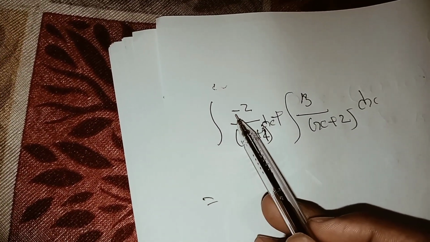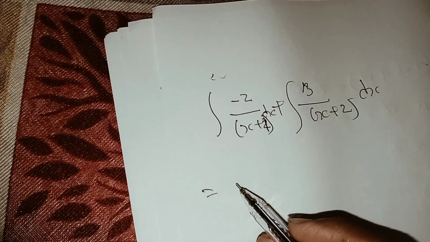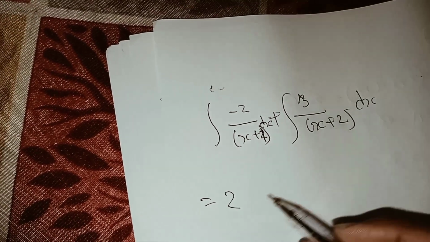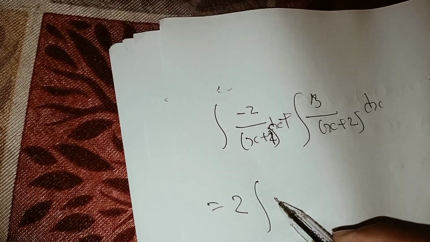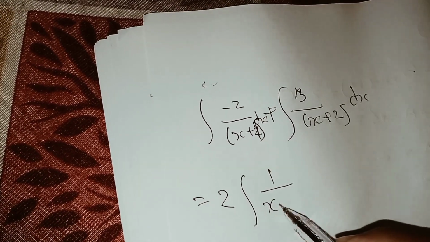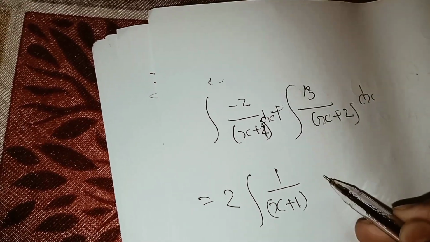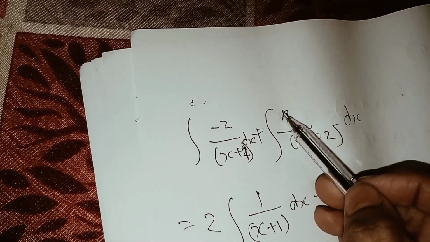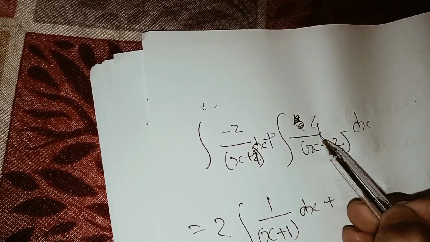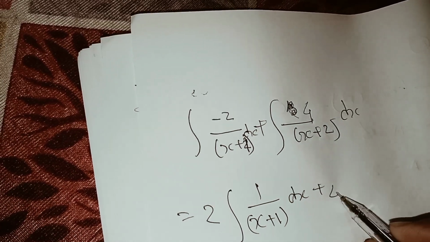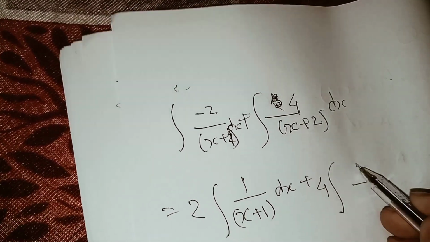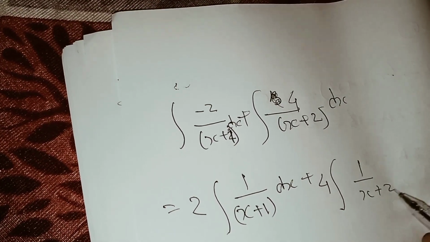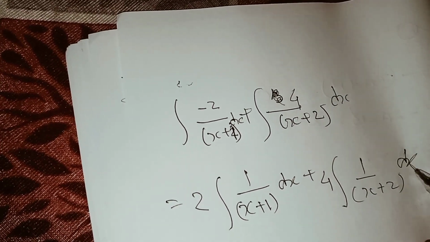So here you can see -2 is a constant, so we have to write it outside of the integral, times 1 by x plus 1 with respect to dx, plus instead of b we have to write 4. So 4 is also a constant, so we write it like that: 1 by x plus 2 with respect to dx.